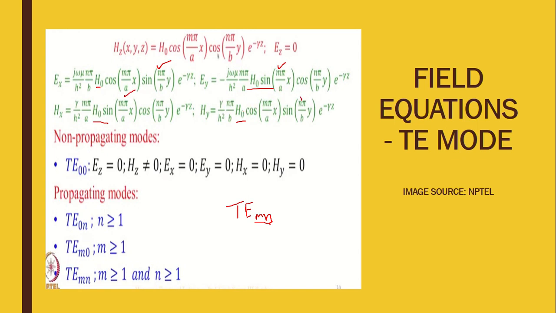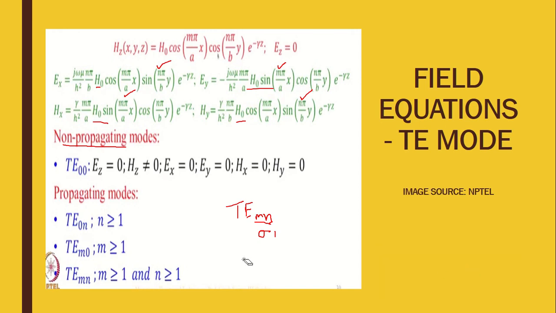And Hy also becomes 0 since we have sine 0. So if you substitute such values, once again all the transverse field components vanish to 0, and therefore this comes under your non-propagating modes. Now coming to propagating modes. We will try to substitute m to be 0 and n to be 1.